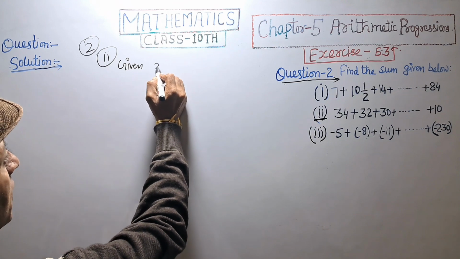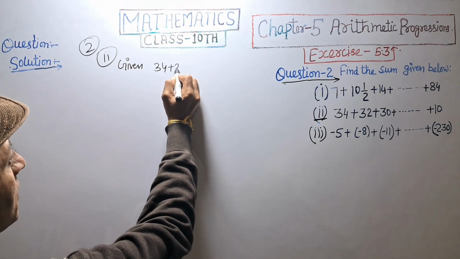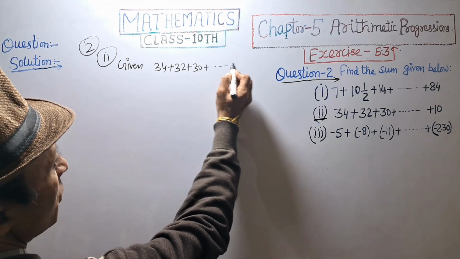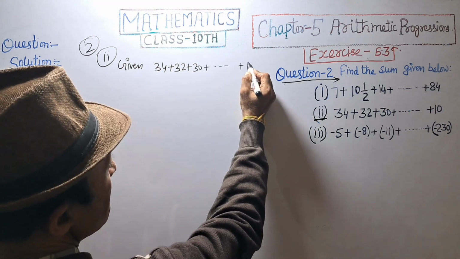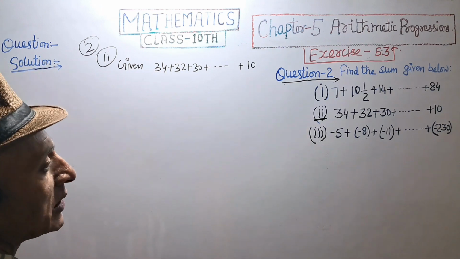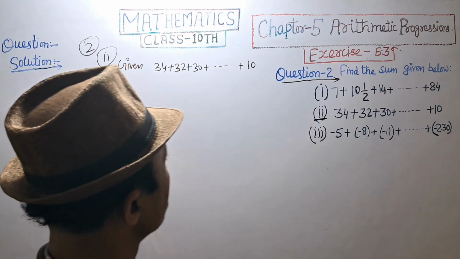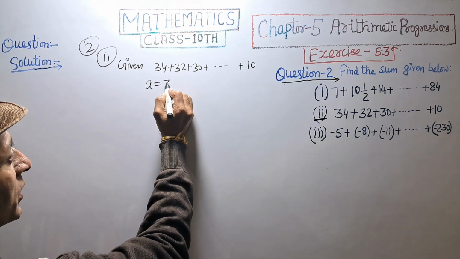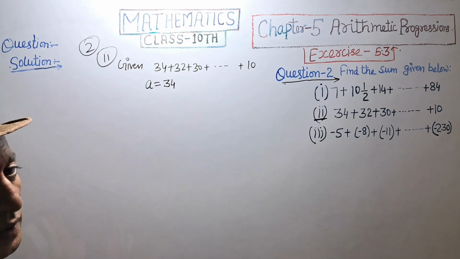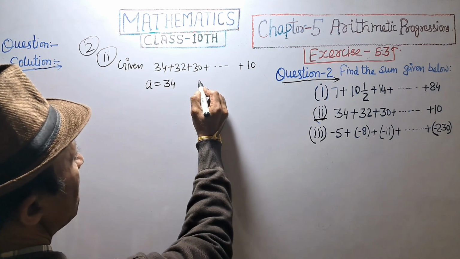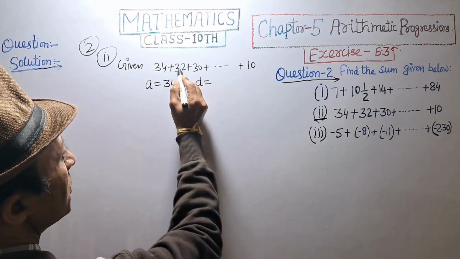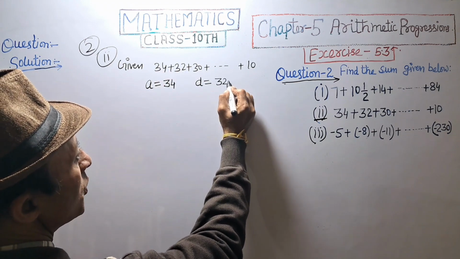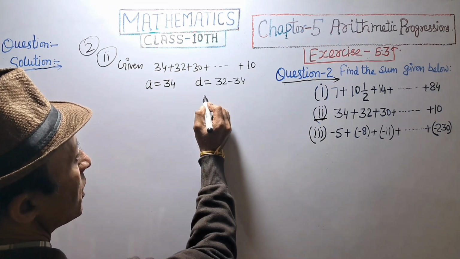Given AP is 34 plus 32 plus 30 plus so on, plus last term is 10. A is equal to the first term, that is 34, and D is equal to the second term minus the first term, that is 32 minus 34.